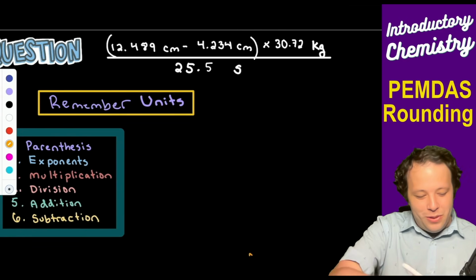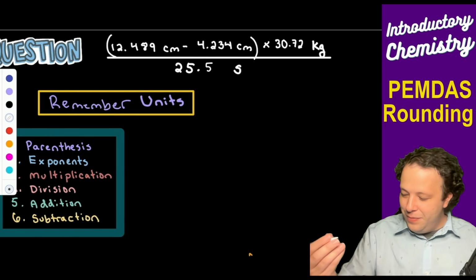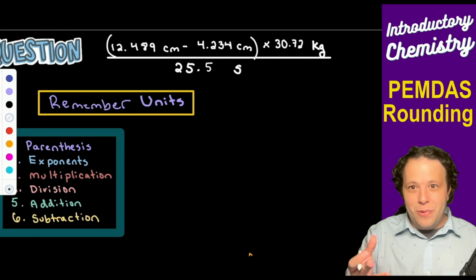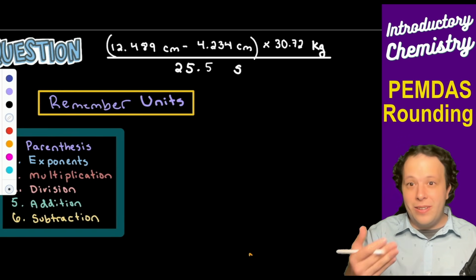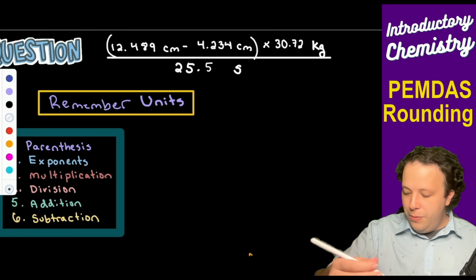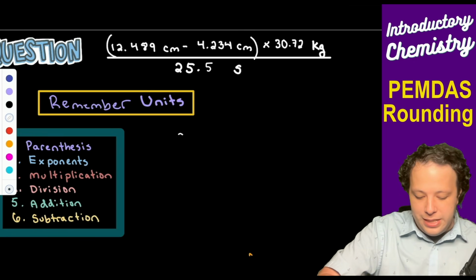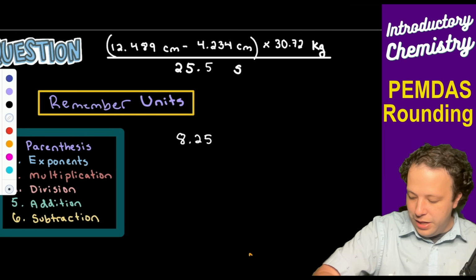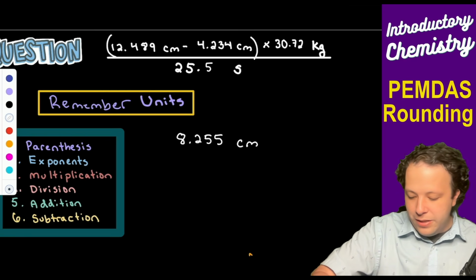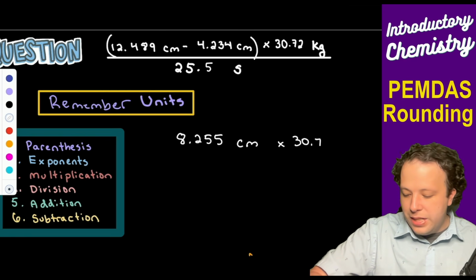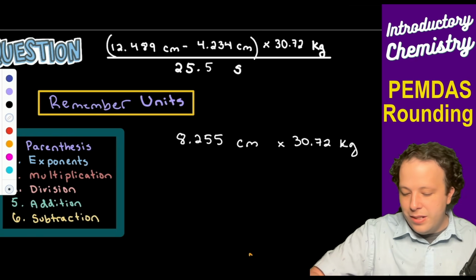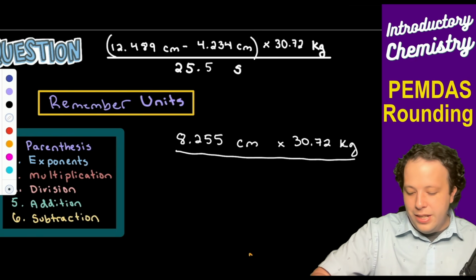So let's do the first part, which is parentheses. We can subtract because they are the same units. When we do that, we're going to get 8.255 centimeters times that 30.72 kilograms divided by that 25.5 seconds.